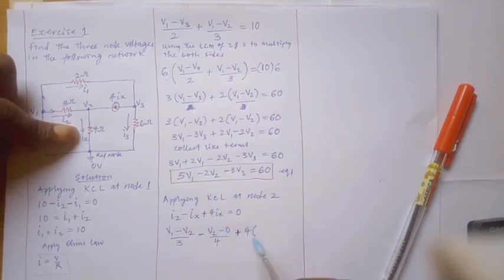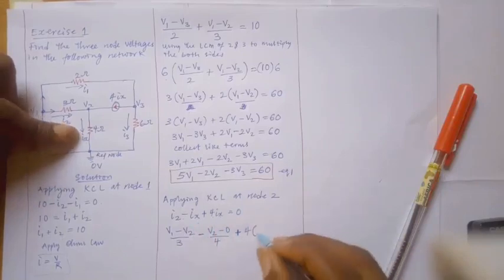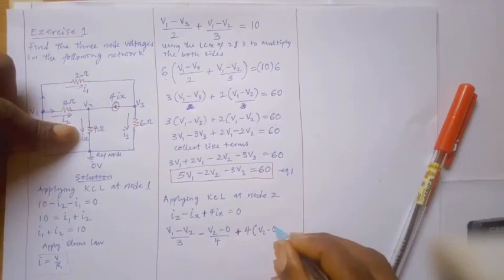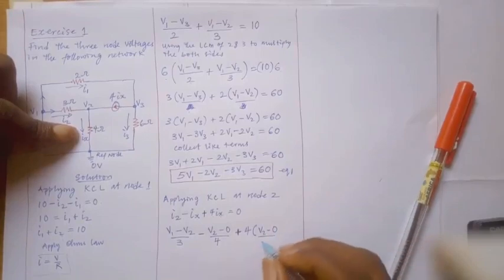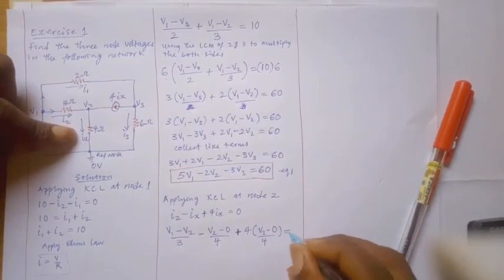What's the Ix? You know we've done that one before. The Ix is what? V2 minus 0. You can write V2 only. Minus 0 plus 0 is nothing. So over 4 again. So equal to, don't forget this, 0.